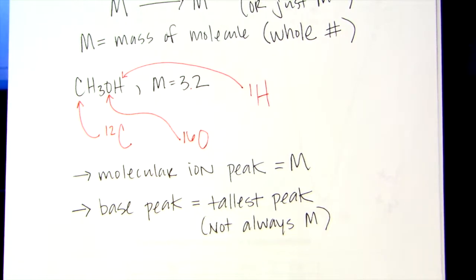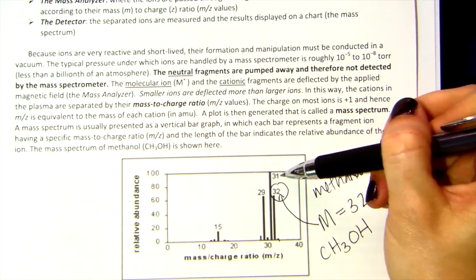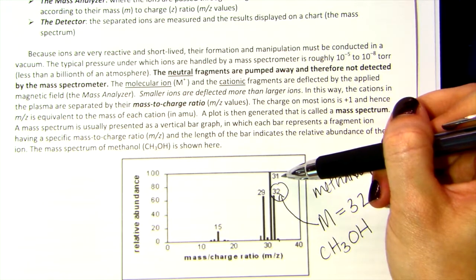And we're going to get into talking about fragments because this is a very high energy process. So sometimes molecules fall apart in the mass spec and you get fragments of them hitting the detector. So you'll get smaller mass peaks that show up in addition to the entire mass peak, because it'll fragment and then you'll get pieces of it hitting the detector, right? So like this one at 31, that could represent maybe one of the H's fell off, right?